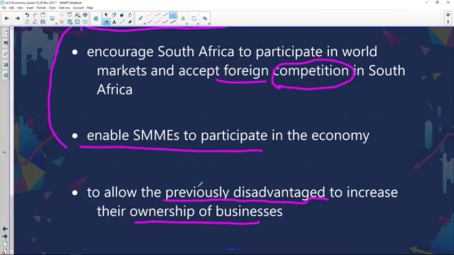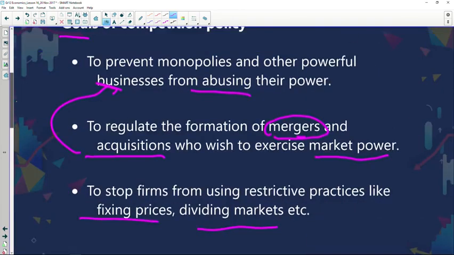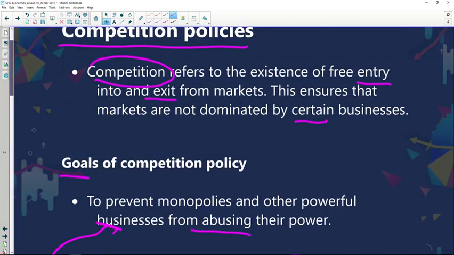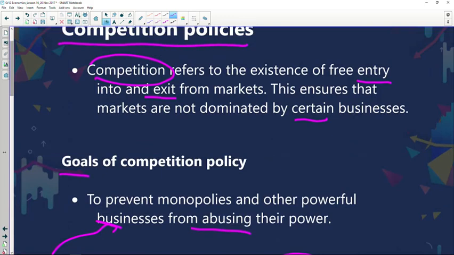Okay, so just to recap before we move on to the institutions that ensure that competition is maintained in the South African market, let's wrap up what the competition policy is all about so that we can tie it up with the institutions that we'll be looking at just now. We've defined what competition is.